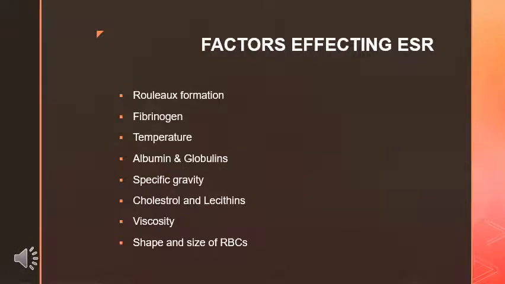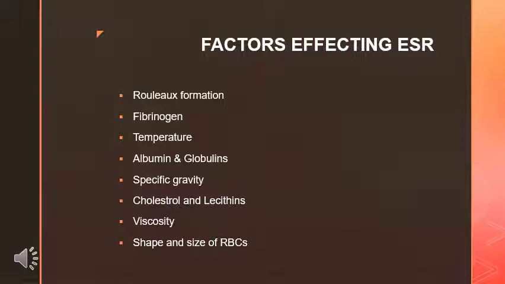You should be careful in performing the ESR test, because many factors can affect ESR values, like rouleaux formation, the amount of fibrinogen in blood, and the temperature: if the reagent is cold, or if the room is too cold, then ESR will be disturbed. Albumin and globulin presence in the blood, then specific gravity, where you are performing the test, is important as well.